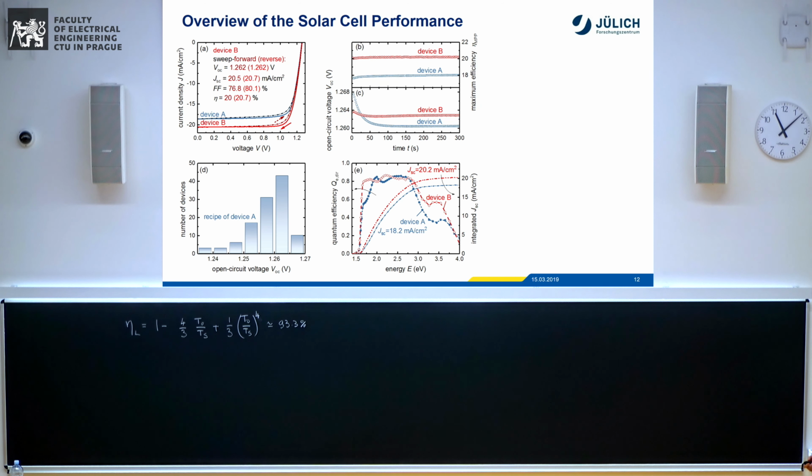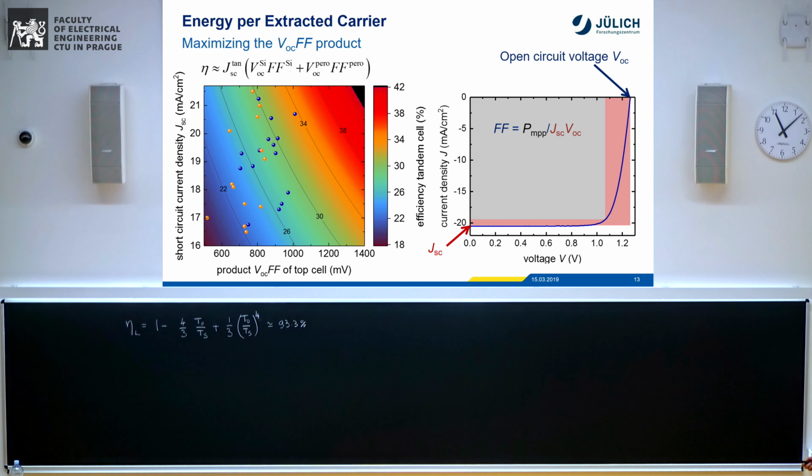And also we try to make these contact layers as thin as possible to get more photocurrent without compromising the open circuit voltages here.